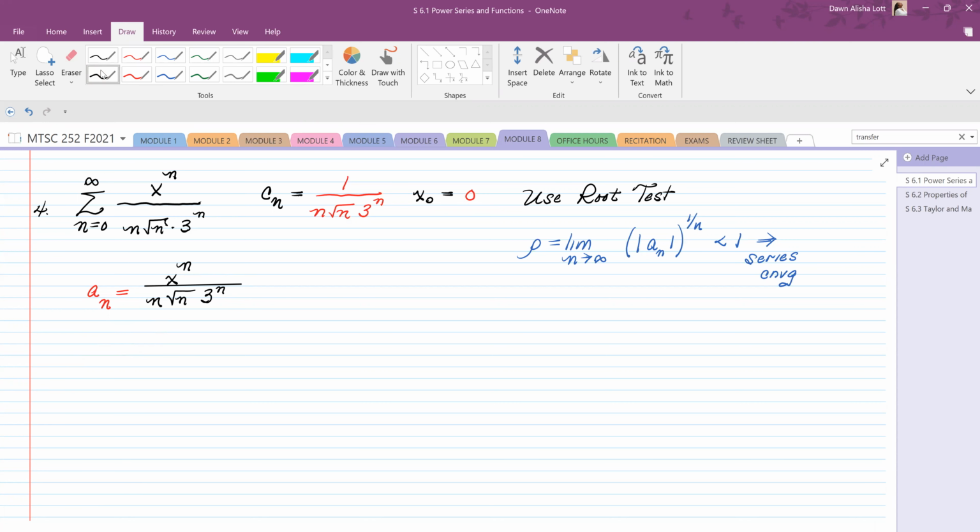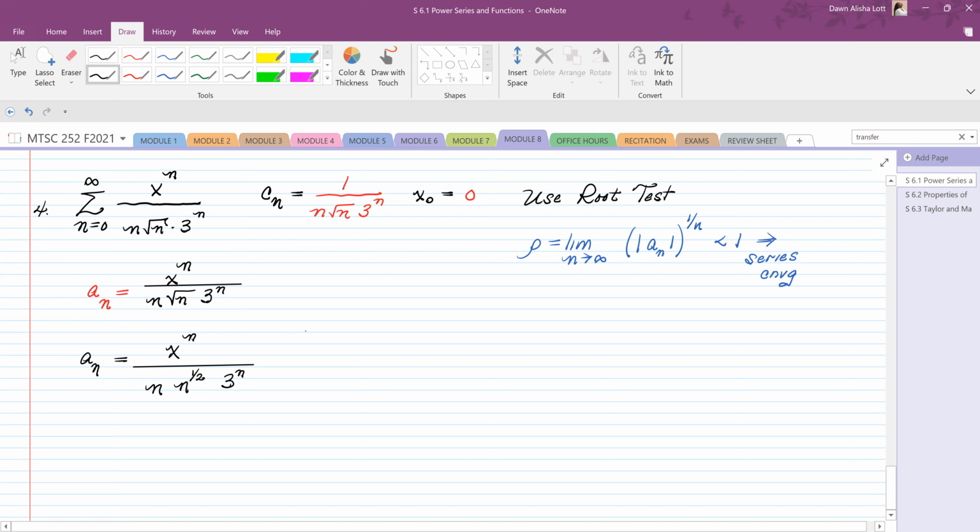Which you can write as x to the n over n to the 1/2 power, times 3 to the n.